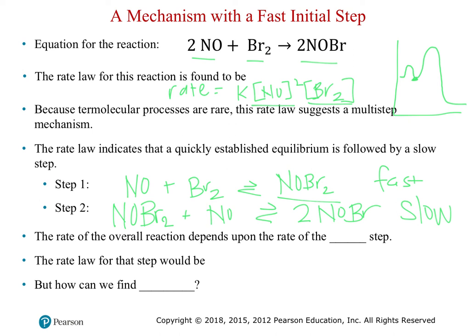So the rate of the reaction depends on the slow step. So that would mean that our rate law, we write the rate law for the slow step, it would be k2, we'll say, for the second step, okay, k1 and k2, times our reactant at the second step.